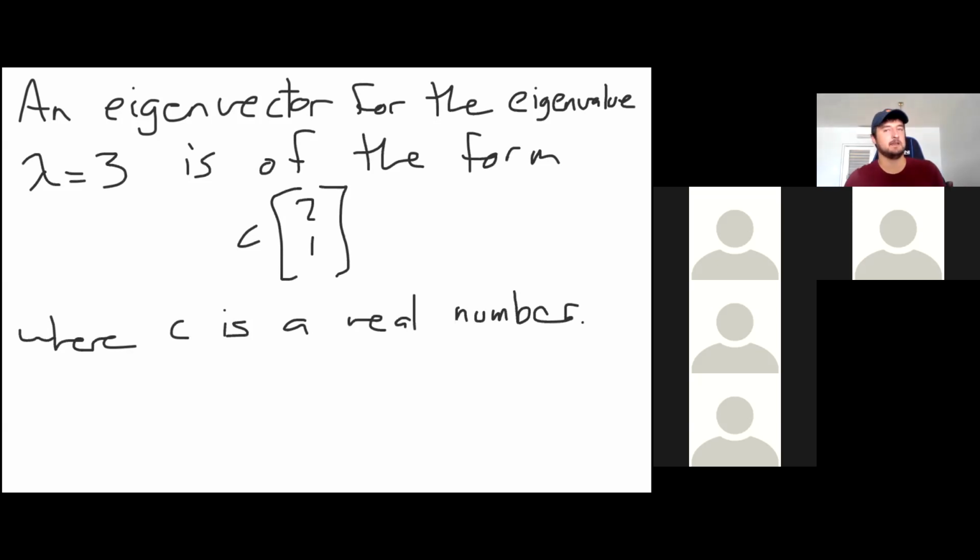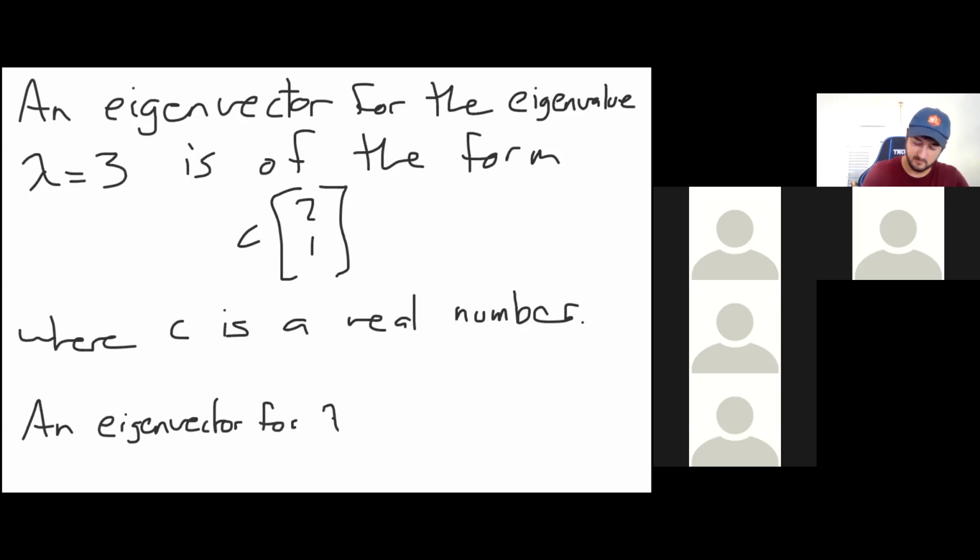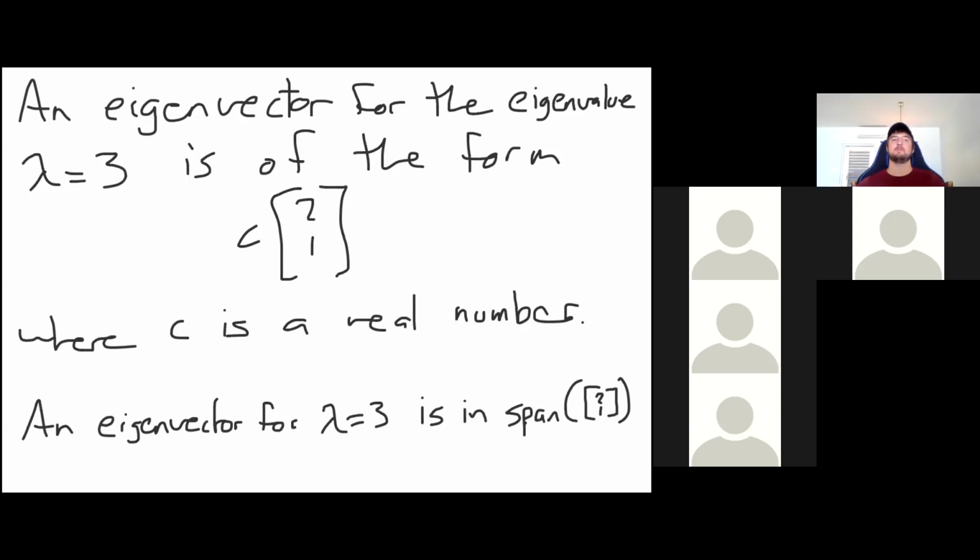Now stated slightly differently, but also using some notation, any eigenvector for my eigenvalue lambda 3 is in the span of that vector 2, 1.